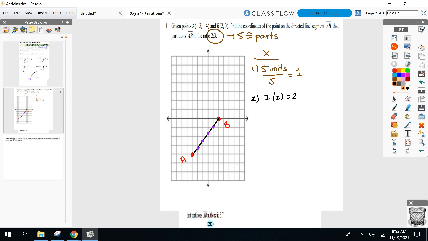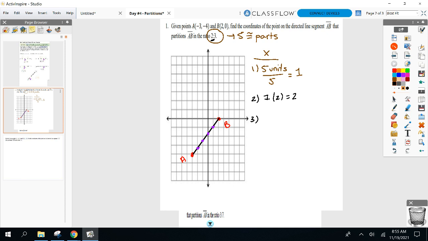To break it up, I need to go 1 unit at a time, but I'm trying to get to this 2 to 3 point, so I don't just go over once, I got to go over again for a total of 2 units. Where did I start on the x-axis? -3, right?